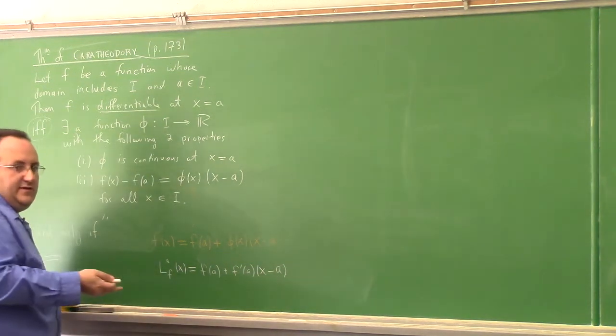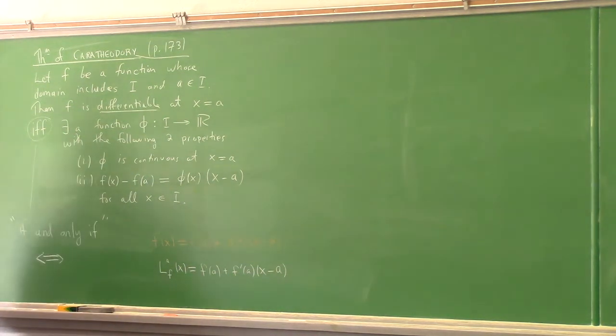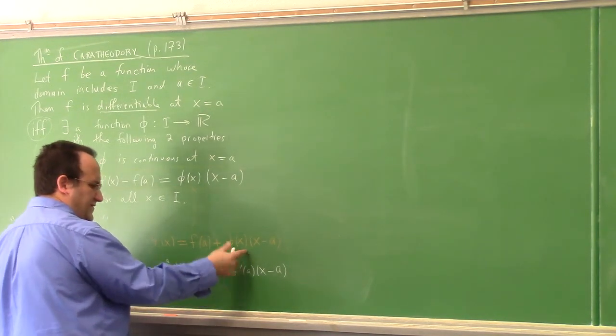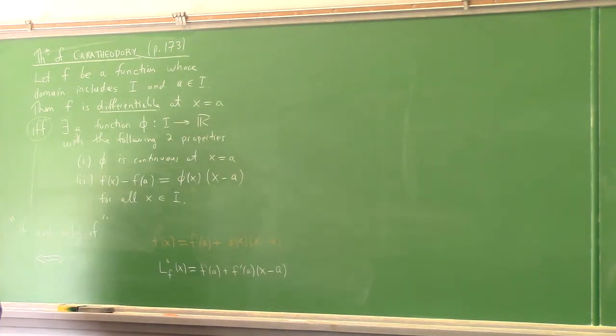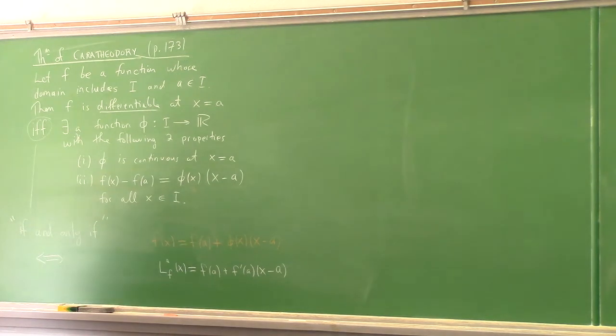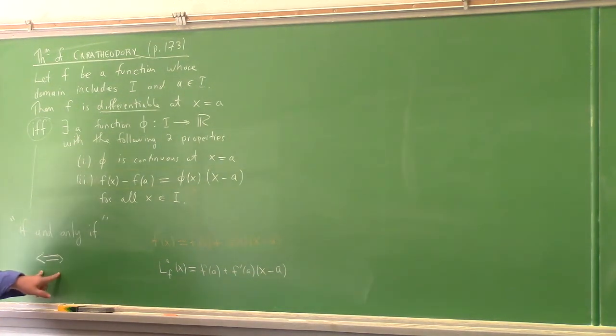The difference between the linearization and this expansion is that the coefficient of x minus a is not necessarily a number, it's actually a function. But the claim is that that's equivalent to saying the function is differentiable. Now, how do we prove such a thing? It's an if and only if proof.